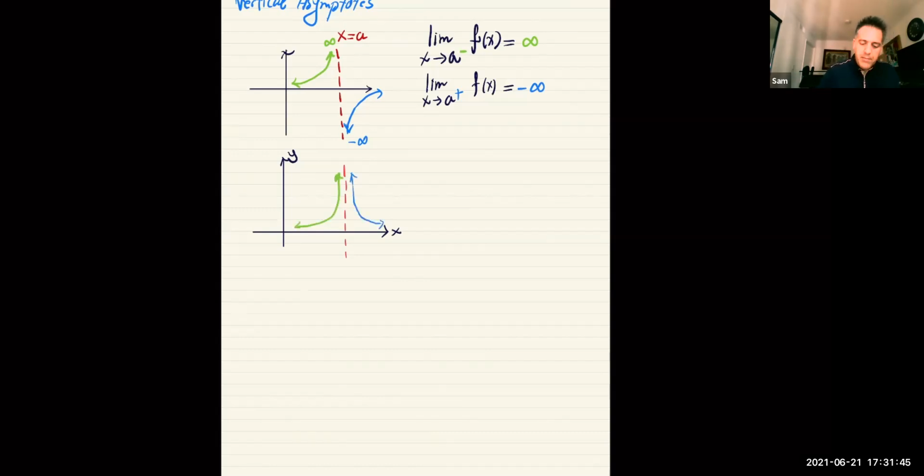But this could happen. This is a positive function. So the limit is always positive, and the limit of f of x as x goes to a from the left is also infinity. Again, this is going up to infinity. From the right, it's also infinity.